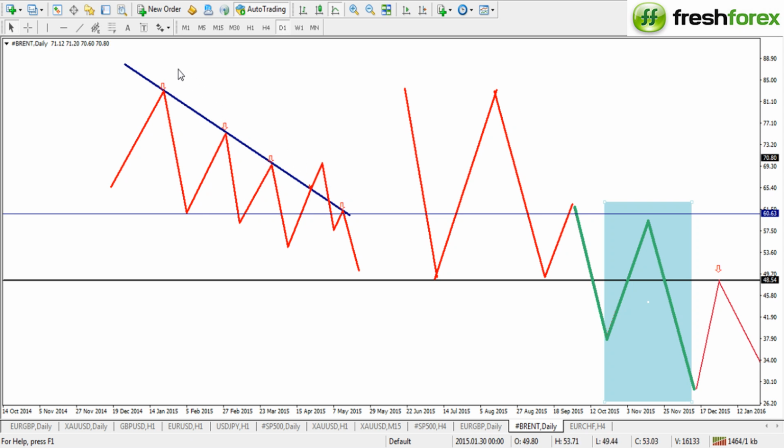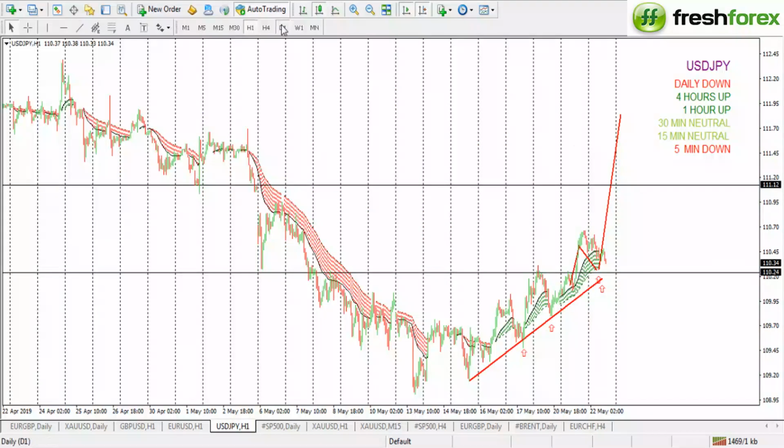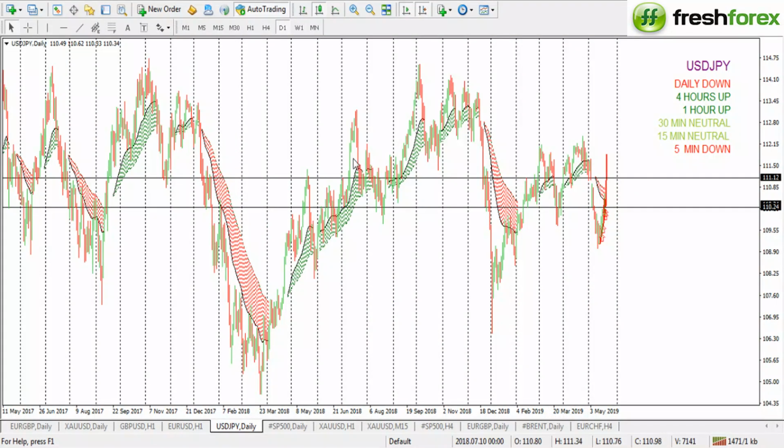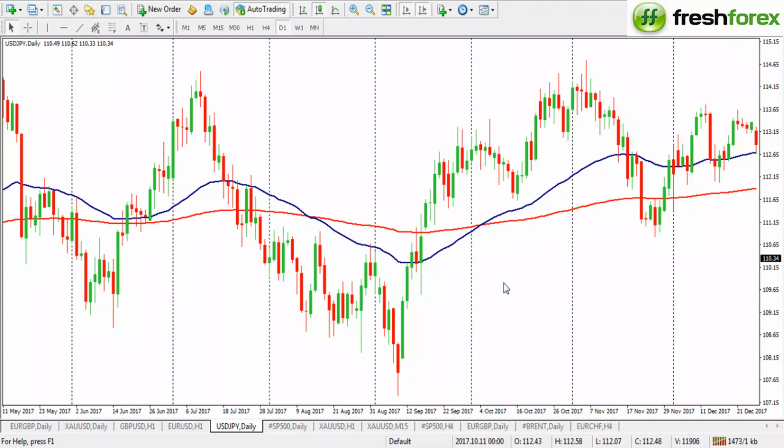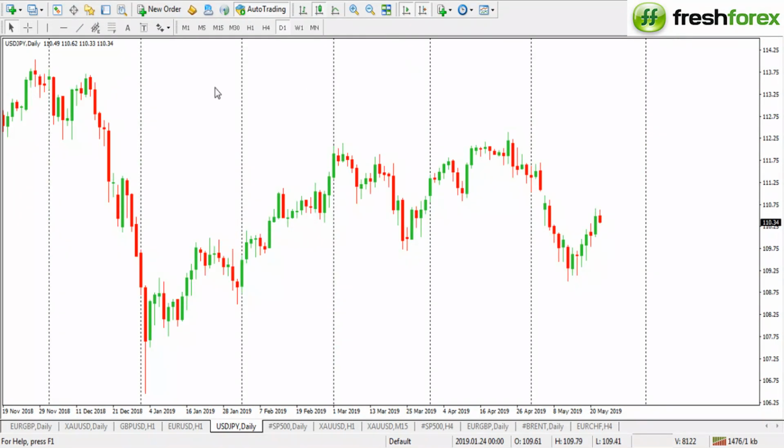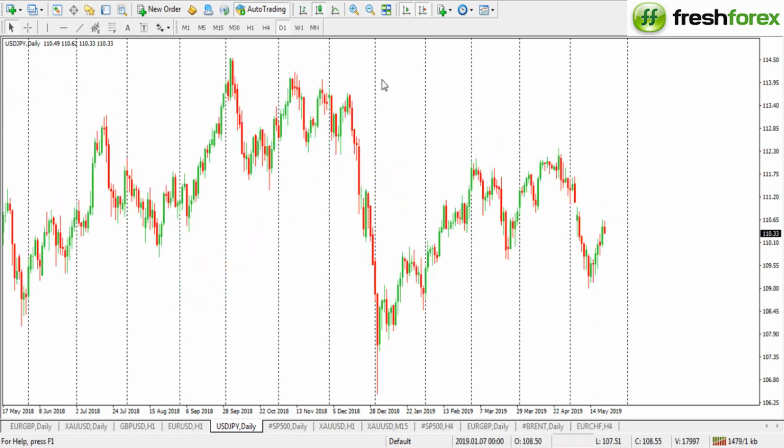So we want to look at this one before we leave a real chart. This place here is a very good level.